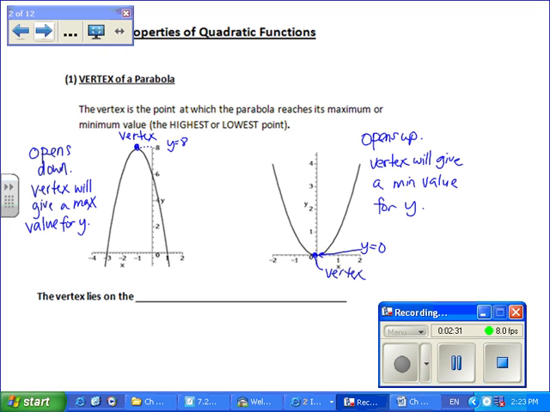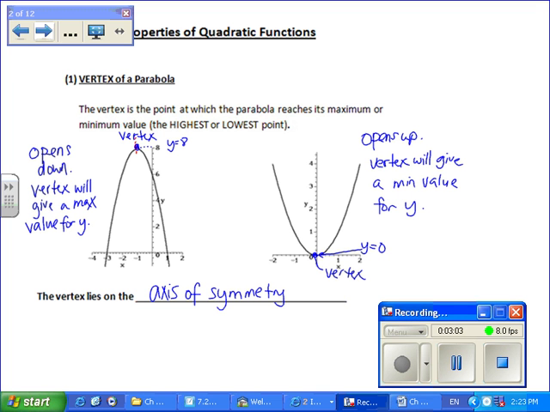One thing that is always true about the vertex is that it lies on the axis of symmetry. If I were to draw the axis of symmetry into these two parabolas, it is the line that cuts right through the middle of the parabola. It divides my parabola into two equal symmetrical parts, and it will always come right through the vertex.